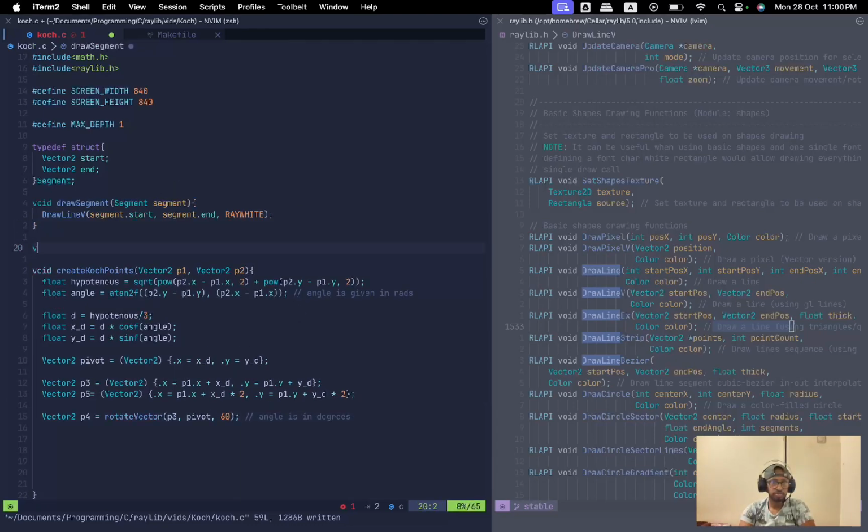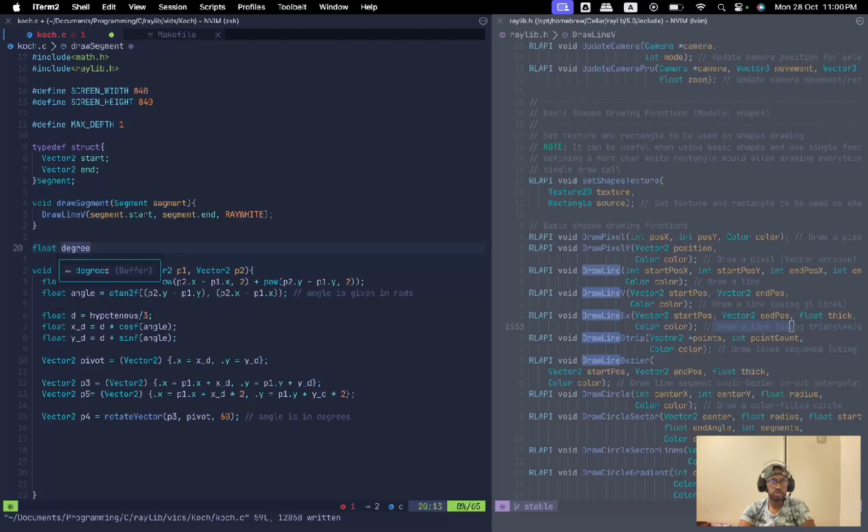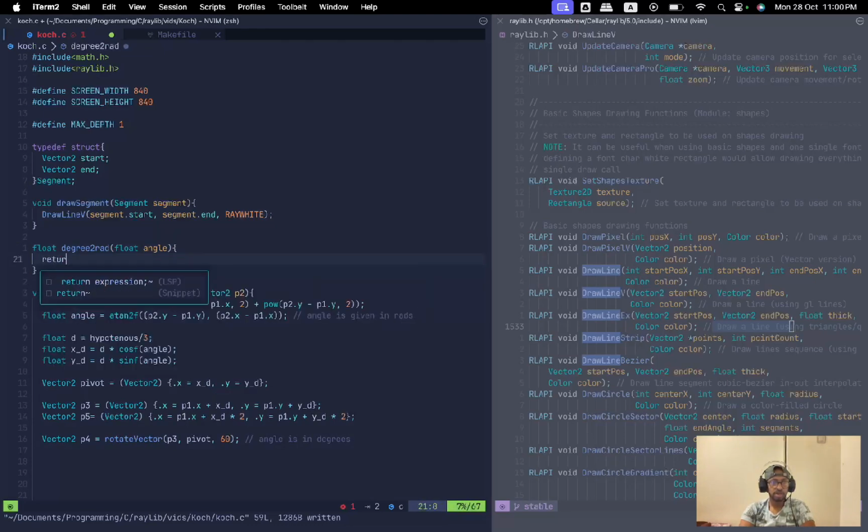Let's create a function that will return a float, called degree to rad. It will take in the angle in degrees and return the value in radians. To convert degrees to radians, we multiply the angle times pi divided by 180 degrees. This is the formula for converting degrees to radians.